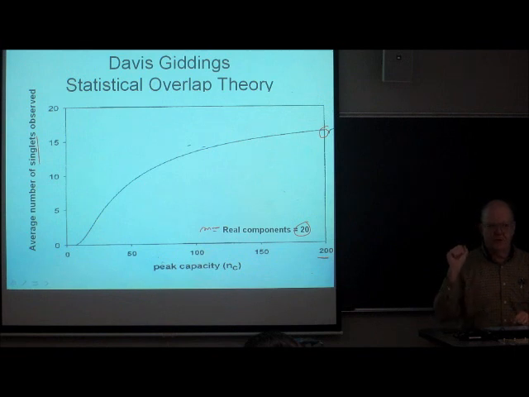Mother Nature throws a random mixture at you. It's your job to arrange those peaks by changing the column type, by changing the mobile phase composition, by changing the temperature, by doing the right temperature program, by doing the right gradient dilution program. That's where the work is.